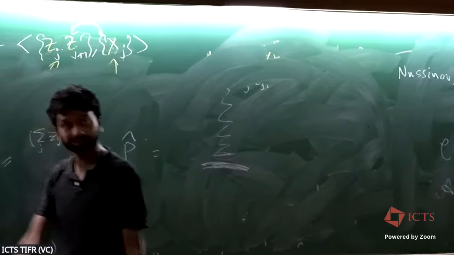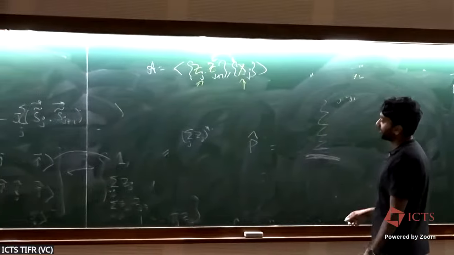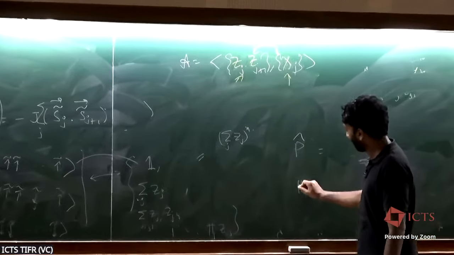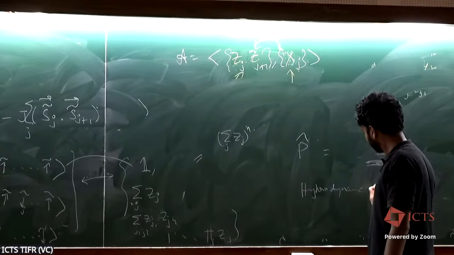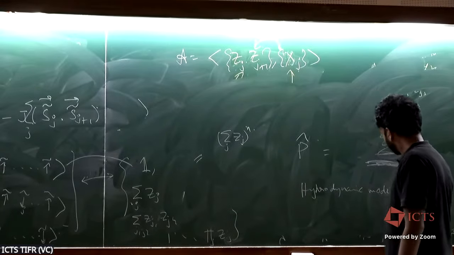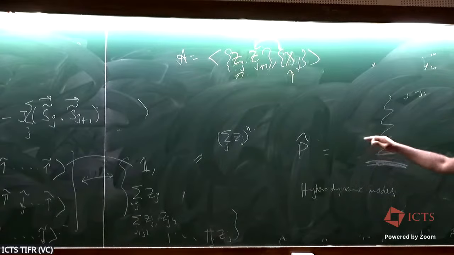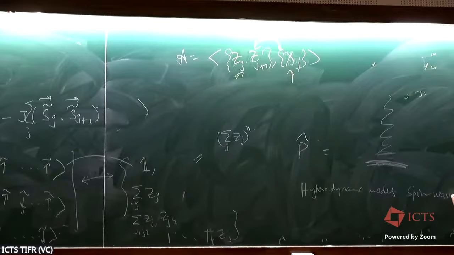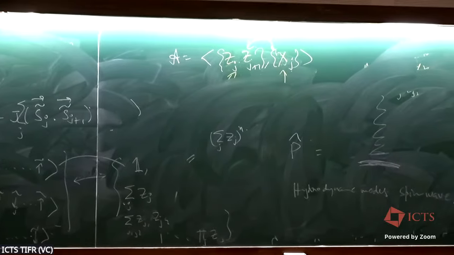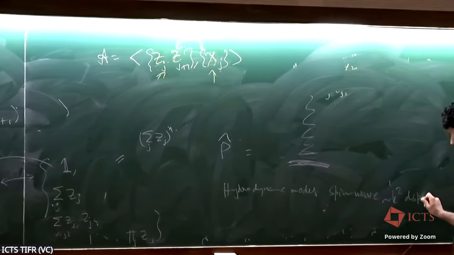So once I have this, I can also start looking at excitations. And it turns out that those have a nice relation to hydrodynamic modes. Because you can construct spin wave excitations on top of these, which have a k-square dispersion relation.